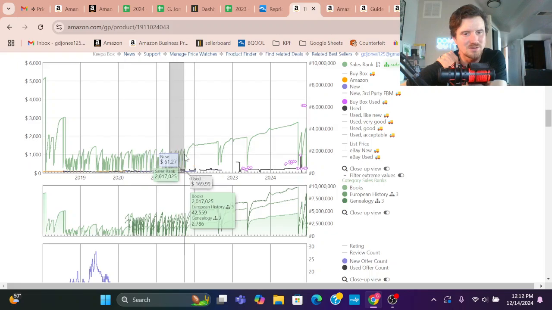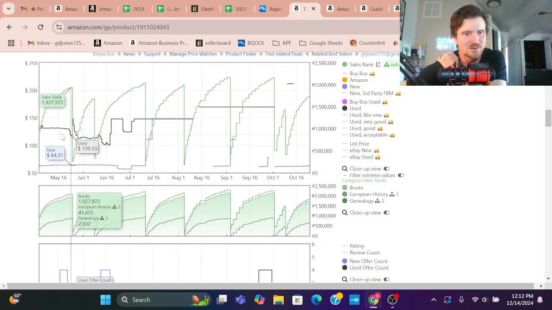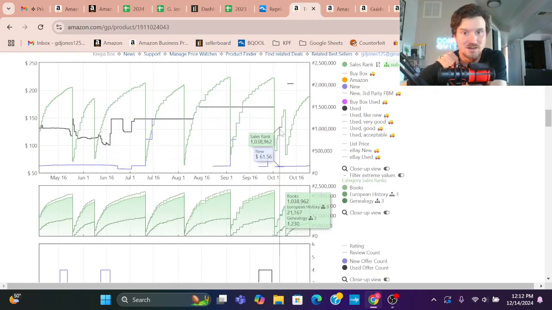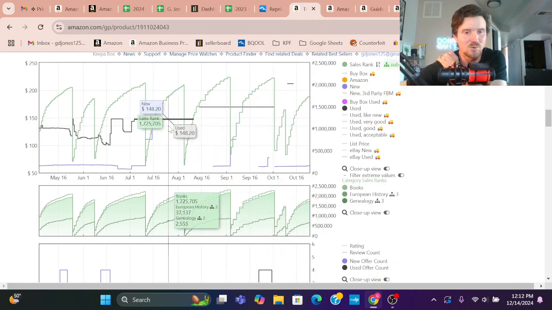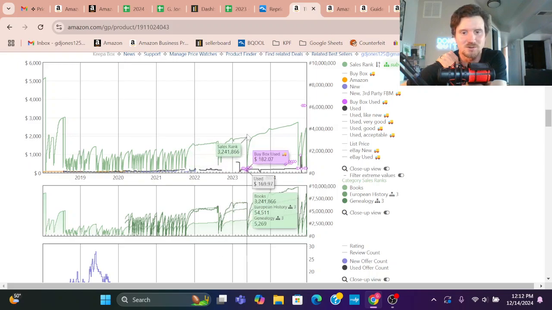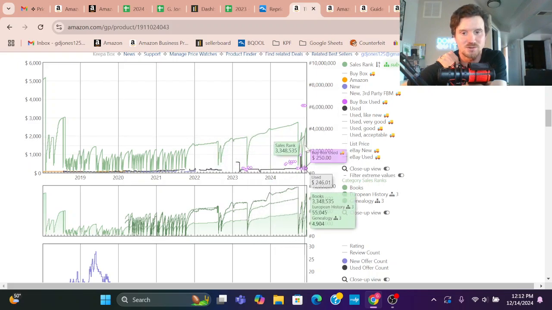Back here you can see that whenever it was around the 140, 120, 130, 169 price, it was selling a lot more often than currently, whenever it's up closer to the 150s right here. But currently, since it's been up closer to the 200s, it's definitely slowed down on its sales.